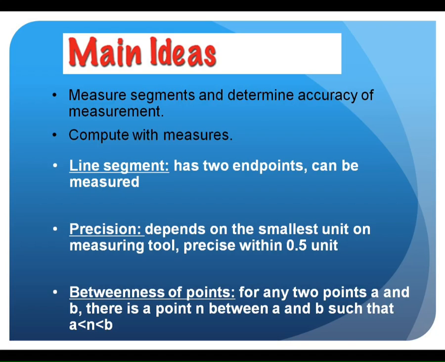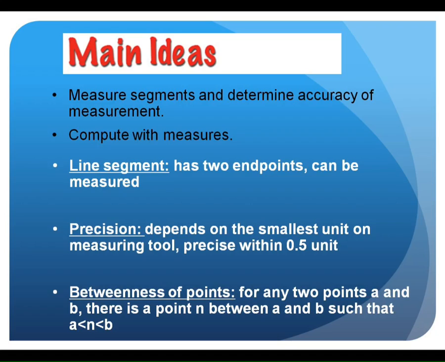Precision, now this might not make sense until we actually do some problems with this, but precision depends on the smallest unit of a measuring tool, and we're always precise within half a unit. For example, you guys know when you use a ruler and you look at the inch side and it has 1 inch, 2 inch, 3 inch, what's like the next tick mark under an inch usually? Like the next biggest one.